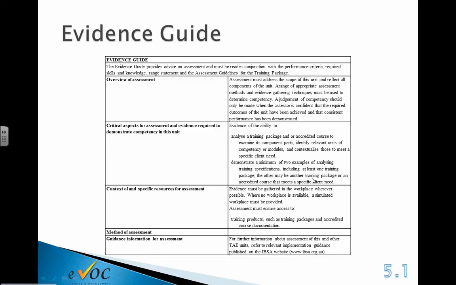We also had a fictitious case study, case study 2, on John, and he required a license. That wasn't a qualification, so that actually was from an accredited course, and that met his specific needs to become licensed in forklift driving.